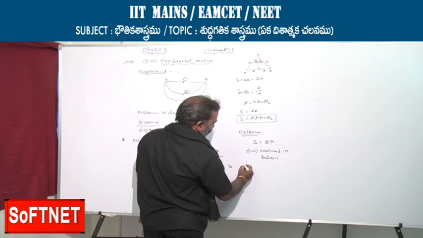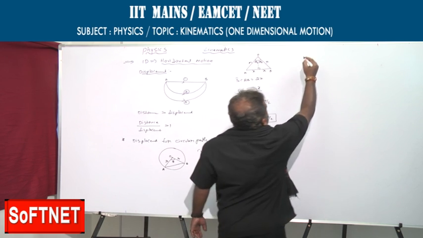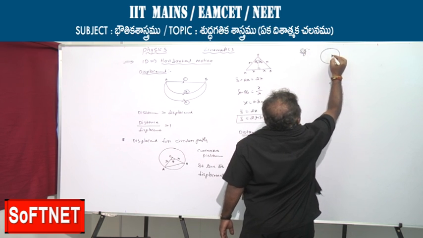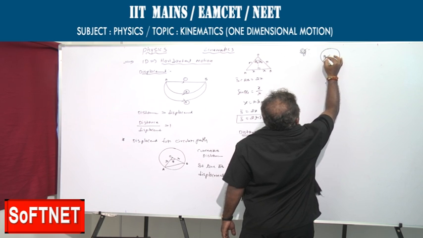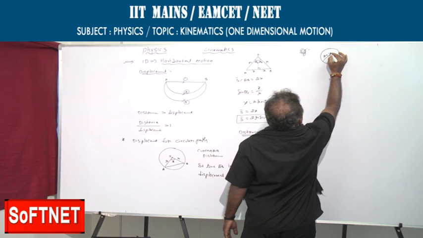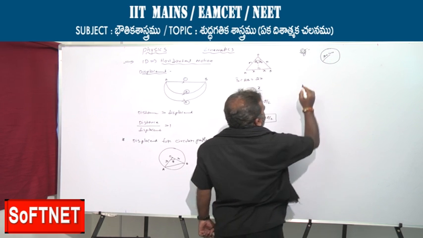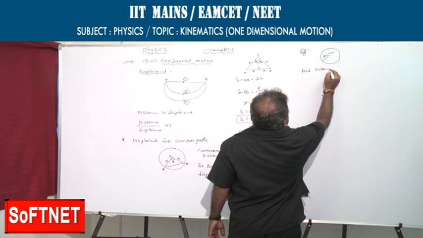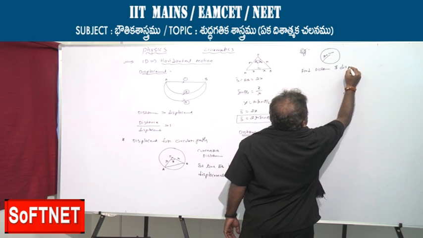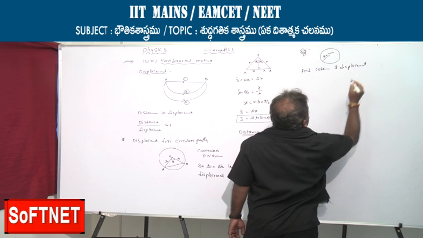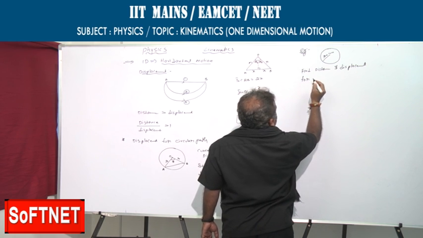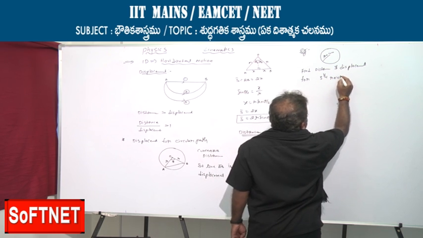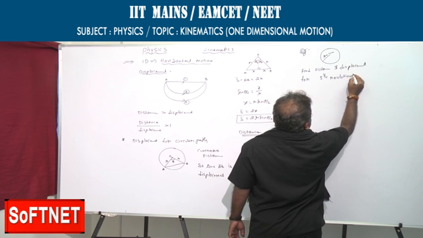Example: if a body is in circular motion of radius r equals 1 centimeter, we are asked to find distance and displacement for 3/1/4 revolutions.